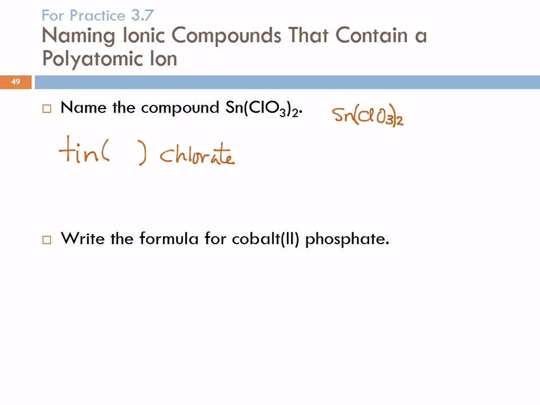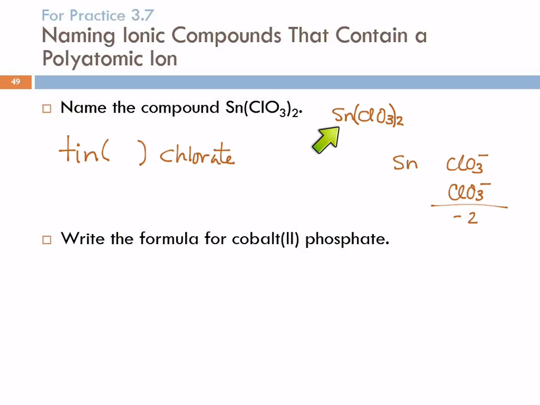So I'm going to draw this out in picture form again. So I have a chlorate ion, which has what charge? -1. And I have another one with a -1 charge, because this 2 subscript tells me there's 2 of everything inside the parentheses. So I have 2 of those. Total negative charge here is -2.